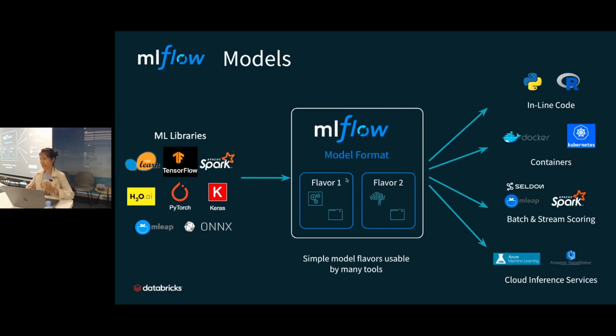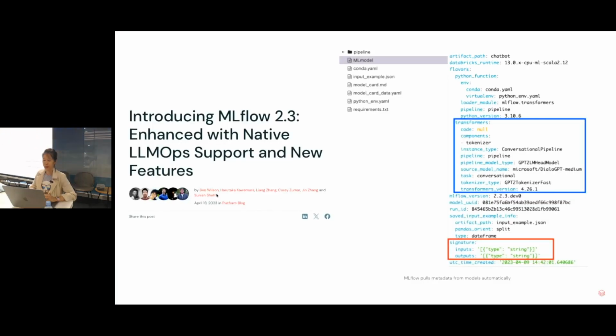What MLflow does is that you can save it into this generic format, whether it's just with Python or scikit-learn or TensorFlow, so that your downstream applications can actually use this model without having to rely on what the upstream tools were being used.